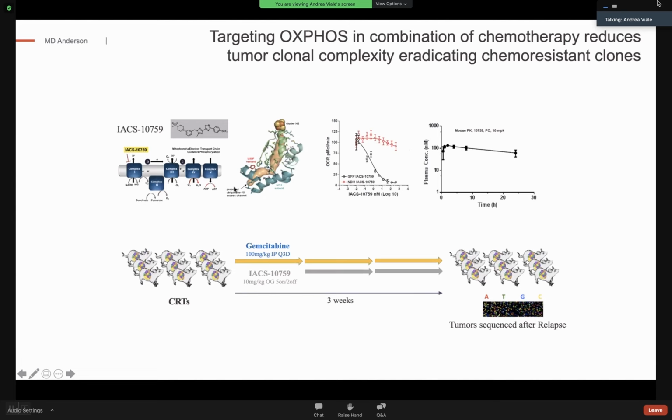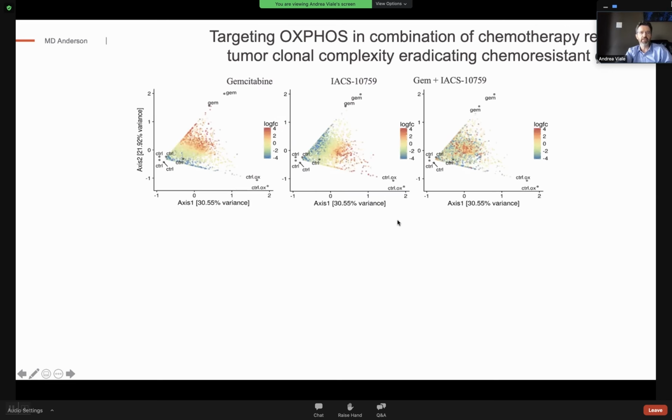clonal complexity. Specifically, we used here IX-10759, a strong, potent complex 1 inhibitor developed in the institute. So we used CRT, again randomized for different treatments: gemcitabine, IX, and the combination. And you can clearly see here that we have the clones that are resistant to gemcitabine and sustain tumor relapse.